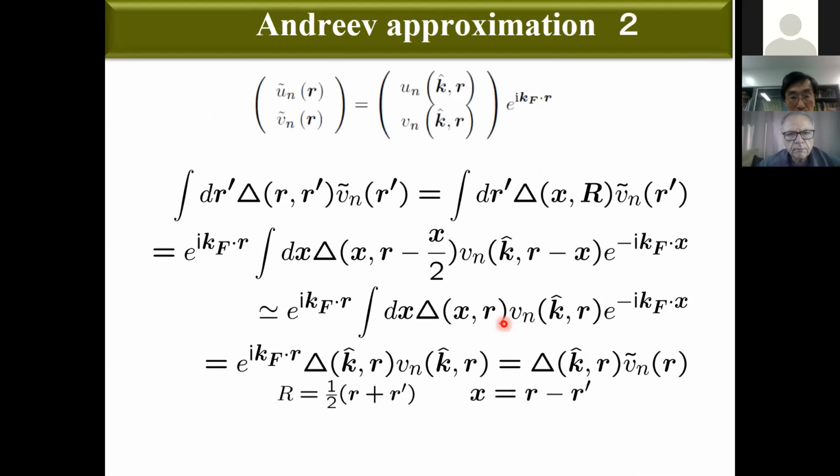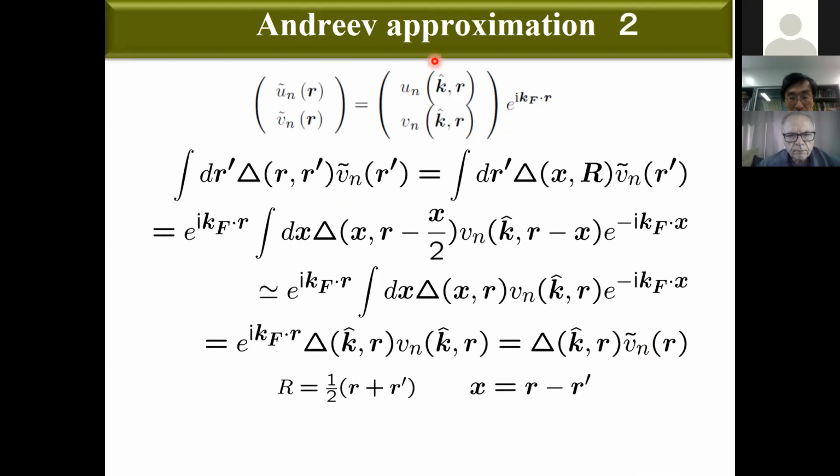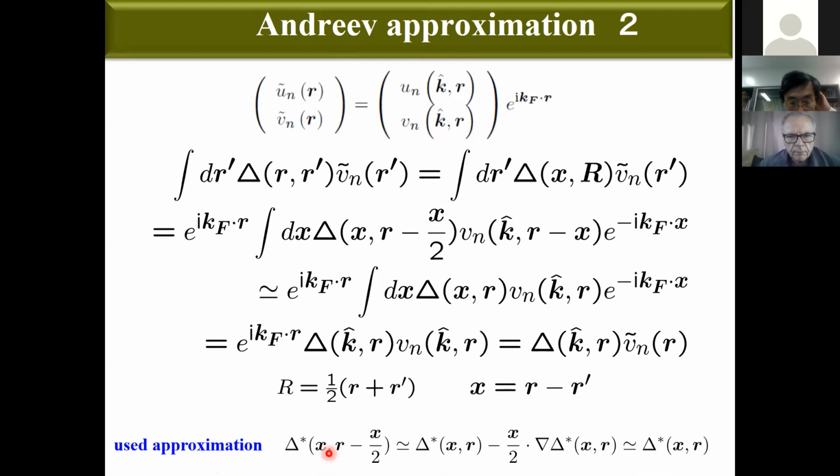So how to treat it? If we do such a decomposition and assume that the pair potential can be expanded like that, where x is the relative coordinate of R and R', and large R is the center of mass coordinate, then the pair potential follows from a straightforward transformation.